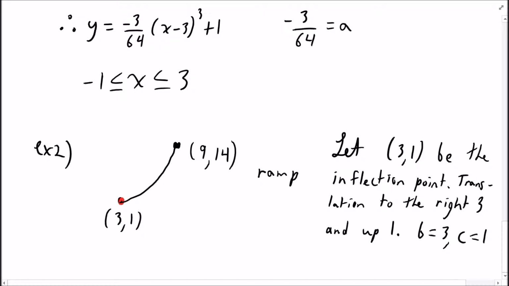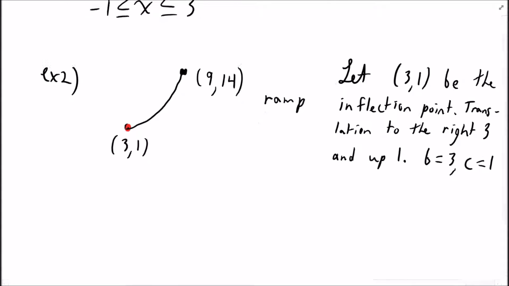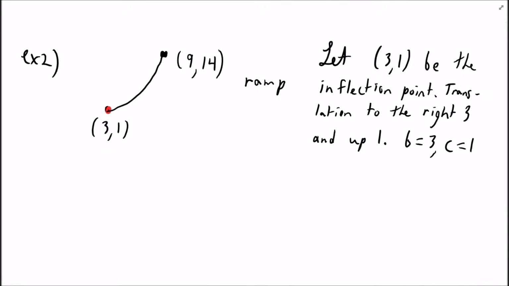It just equals what the shift is. So the next thing is to put that into the equation. So we get y equals a x minus 3 cubed plus 1.